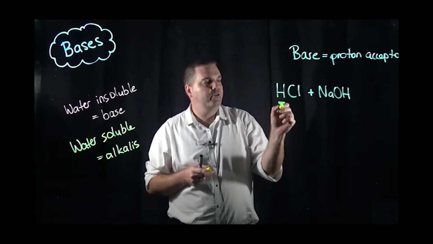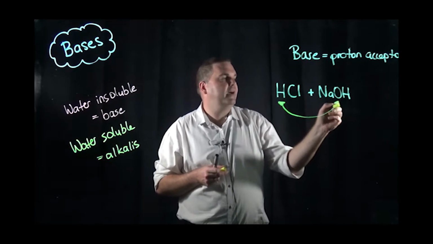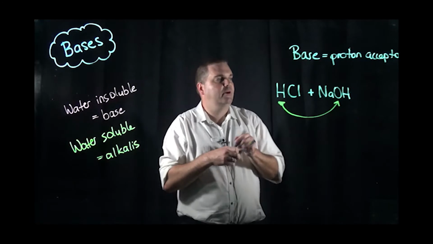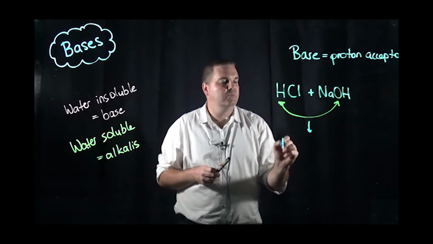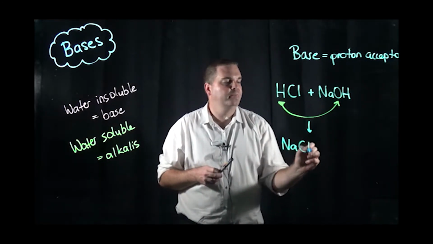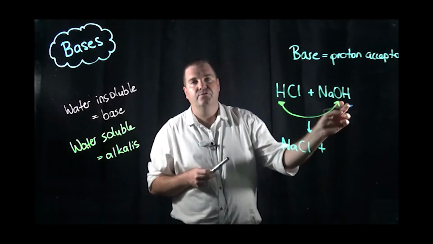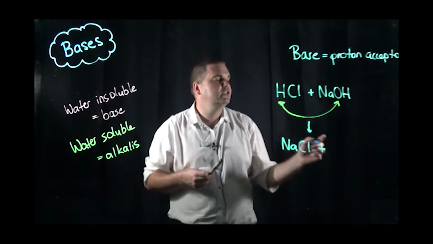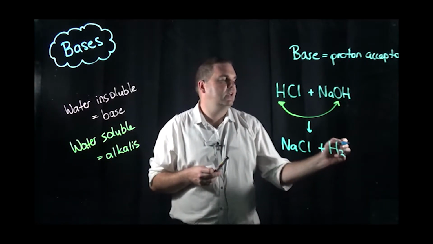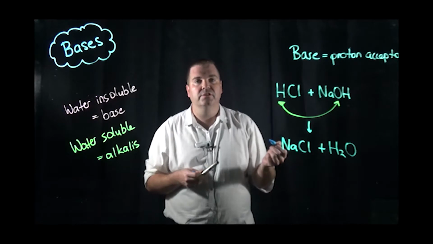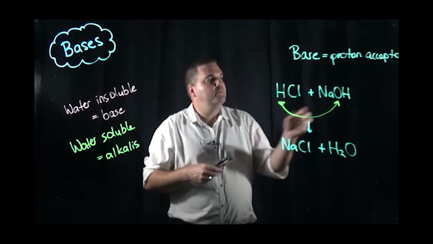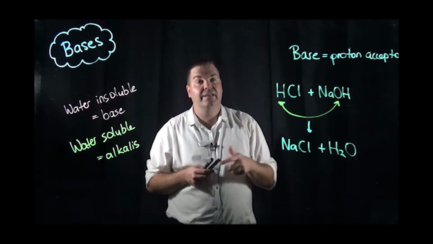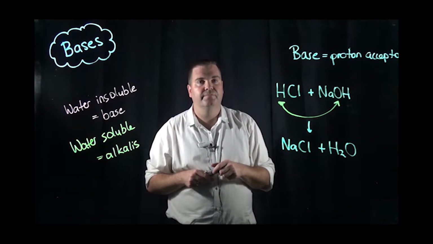That proton is donated over to the base, which is the hydroxide, and we end up with sodium chloride, a salt being formed. The hydroxide accepts the proton. If you've got an oxygen and a hydrogen and you accept one more hydrogen, you end up with 2 hydrogens and an oxygen, which is how we get water. So a base is a proton acceptor, an acid is a proton donor, and that's one of the keys around bases that you need to know.